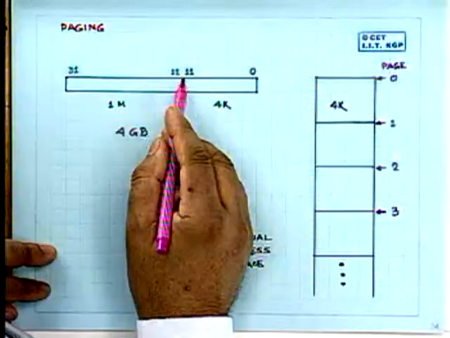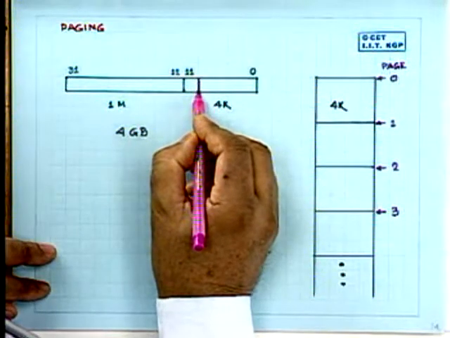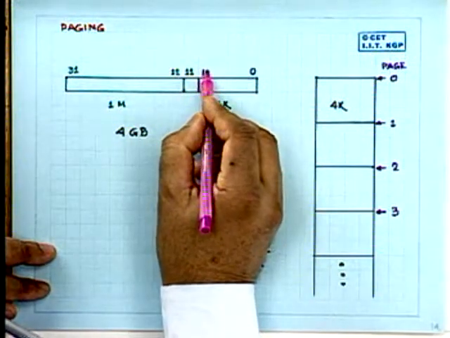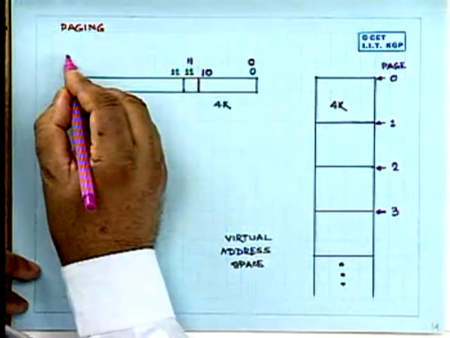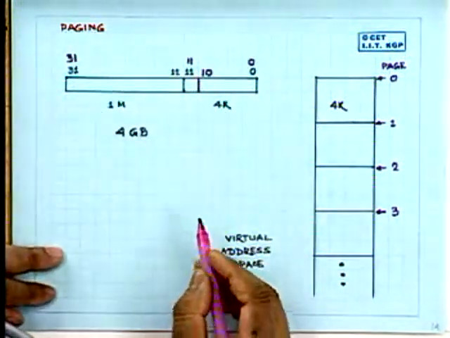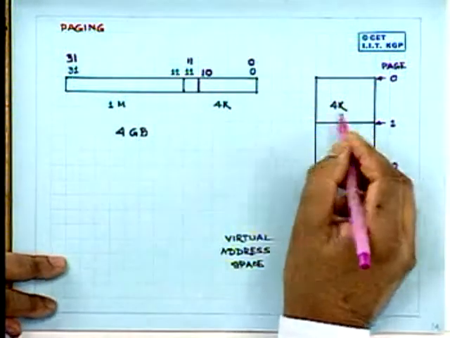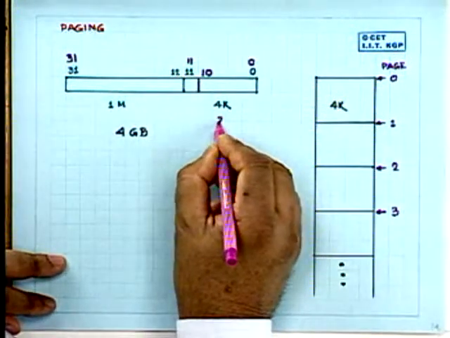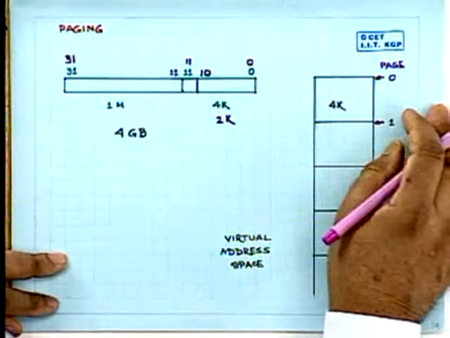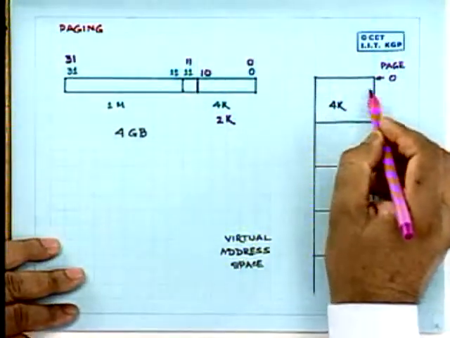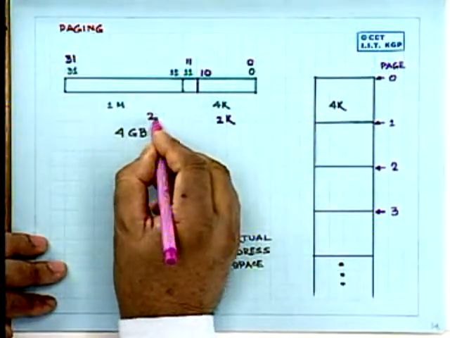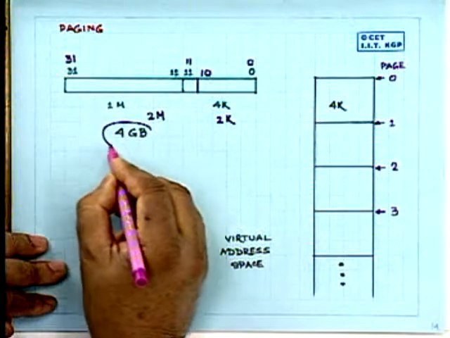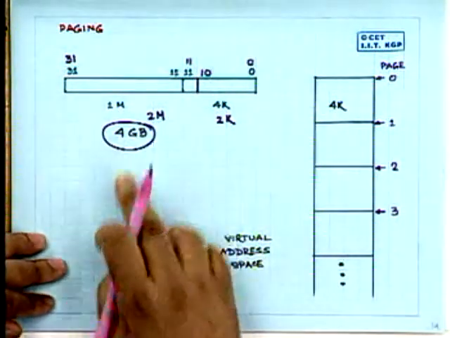Now we can very easily see that if we simply shift this partition over to here, and the component is from 0 to 10, and from 11 to 31, that is the division we make, then the page offset turns out to be up to 2K, that means there can be 2K bytes here, and the total number of pages immediately turn out to be 2 meg, but the total addressability remains the same, 4 GB.